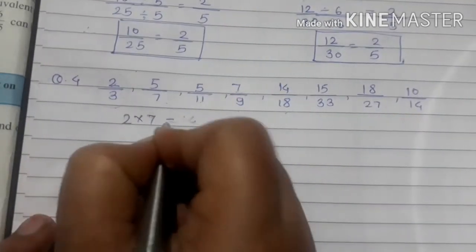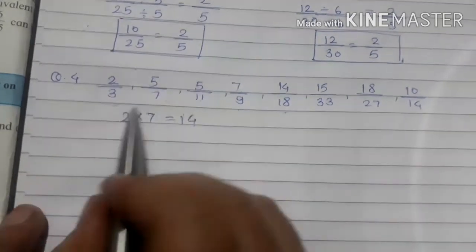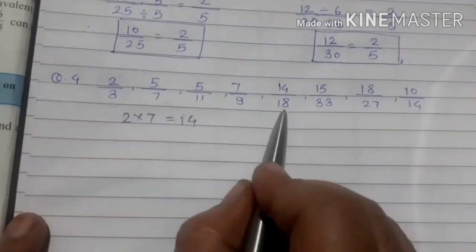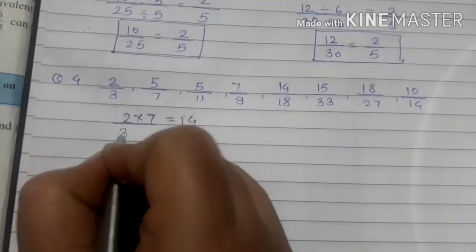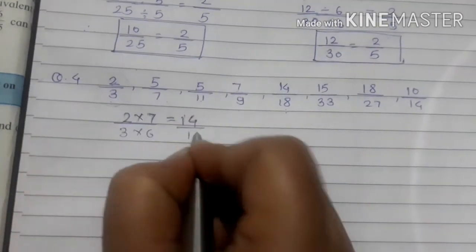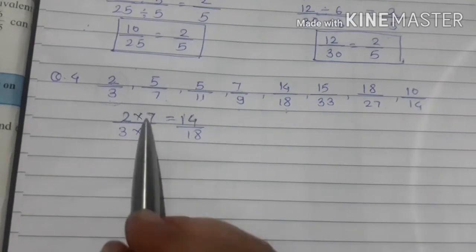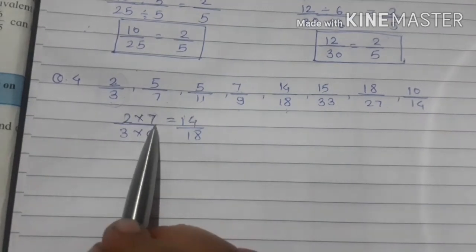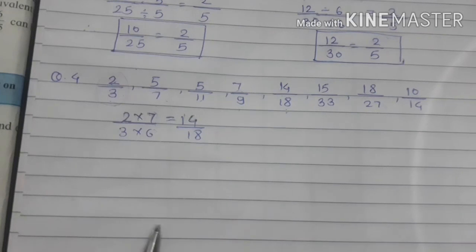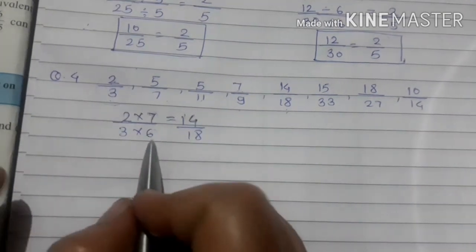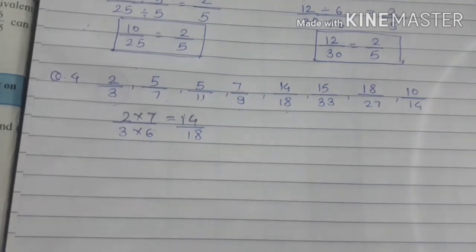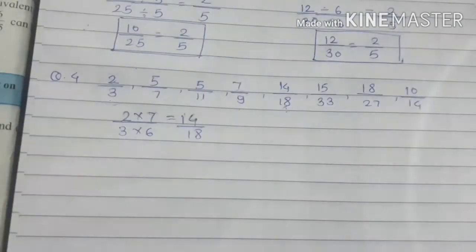Now is 18 in the 3 table? 3 6s are 18. But as you see here, for the numerator we have to multiply by 7 and for the denominator by 6. Is it correct? No. What is our rule? To the numerator and denominator we have to multiply with the same number. So this is also not there.